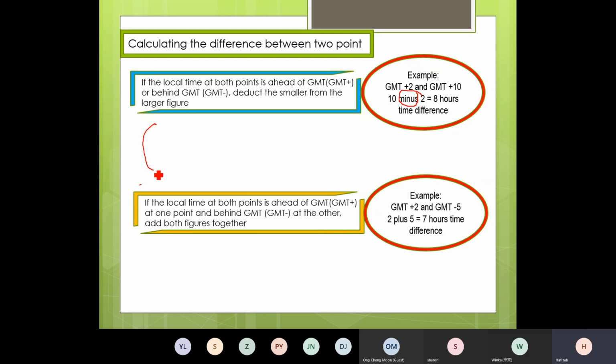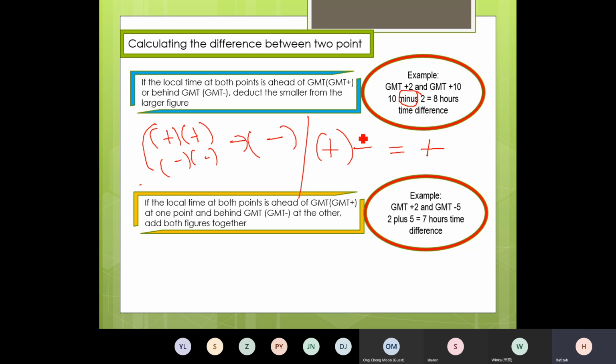So how do you remember? If it is the same, plus or minus, what you should do is minus. But if plus minus, remember when you learned add maths, what is plus minus, right? But here it's different. You must do plus minus plus.